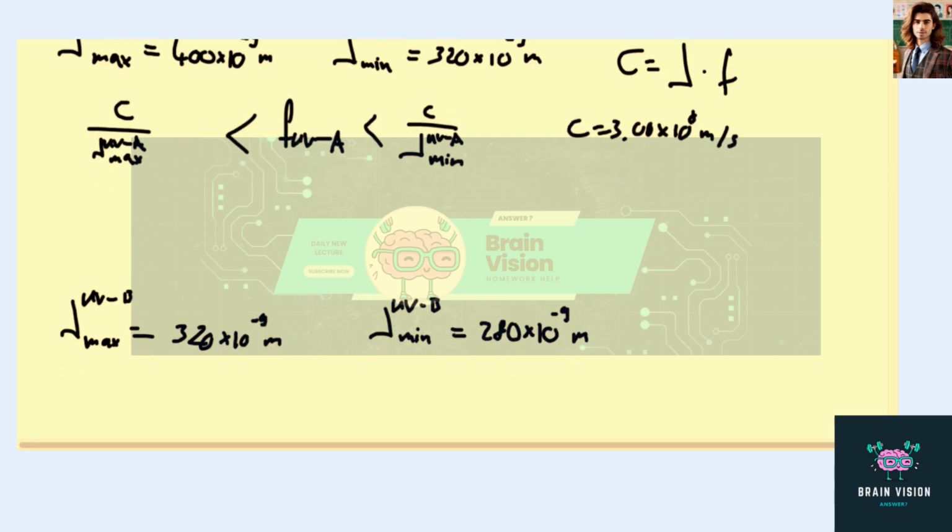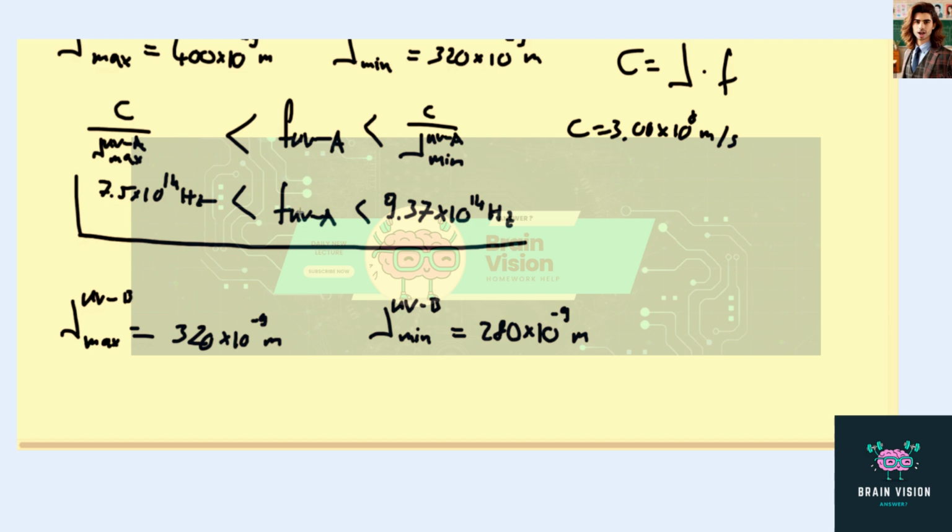If you calculate this, then you find that for UVA, the minimum frequency is 7.5 times 10 to the power of 14 hertz, and the maximum frequency is 9.37 times 10 to the 14 hertz. So this is the band of frequencies that correspond to UVA radiation.